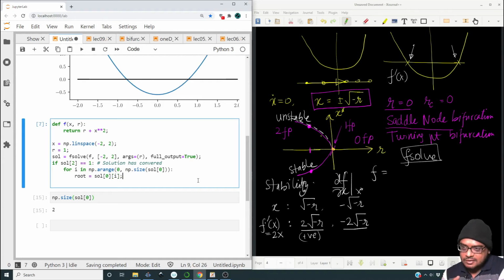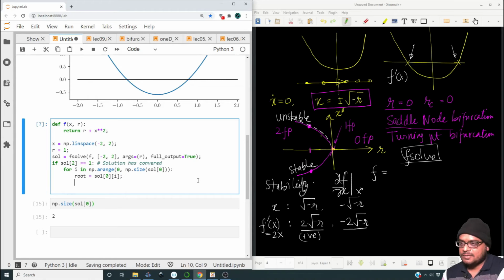After this, I will check slope at root is equal to df dx. I have to make a function df dx which will evaluate the slope at the root. So let me make that function.